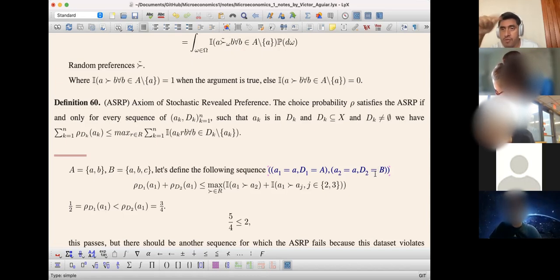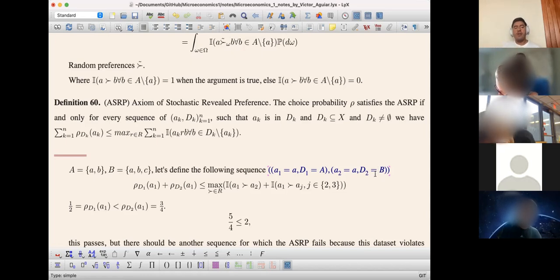So there is a distribution pi over rankings that generates this probability by means of the expectation we just described, right? It turns out that this axiom of stochastic revealed preference is the necessary and sufficient condition. So it's exactly analogous to the SARP for this stochastic world, okay? So it's the necessary and sufficient condition for rho being generated by a general random utility rule. We are not assuming expected utility anymore, okay?